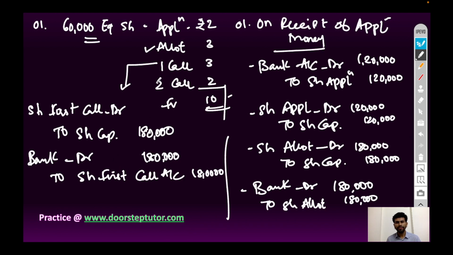And on second call money due, entry will be share second call account debit to share capital account. Amount 60,000 into 2, 1,20,000 rupees. And on receipt of call money, the entry will be bank account debit to share final call account, 1,20,000 rupees. So these are the basic journal entries.